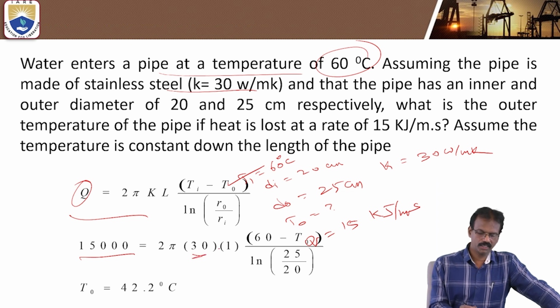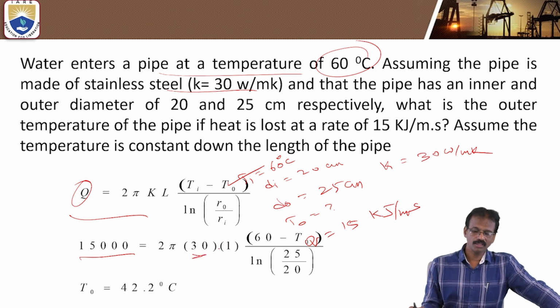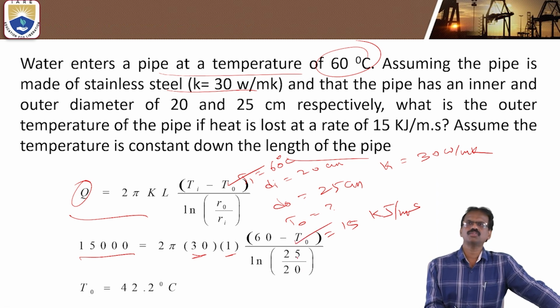2 pi into K, the thermal conductivity of the pipe, is equal to 30 watts per meter Kelvin. Next, take length equal to 1, unit length, and the inner temperature is 60 minus the outer temperature T naught, which you have to find out. ln R naught by R_i, R naught is equal to 25, R_i is equal to 20.